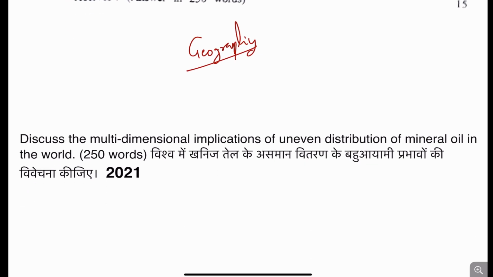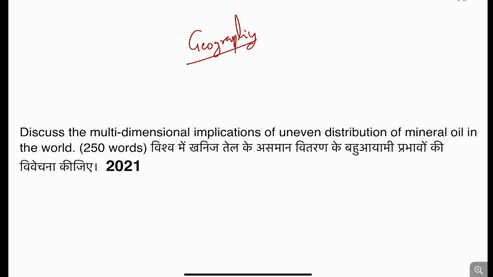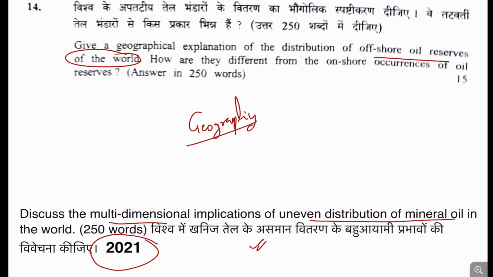A similar question has already been asked in 2021, discussing the multidimensional implications of uneven distribution of mineral resources in the world. So this question is only an extension of the 2021 question, right? So I will categorize this question as easy and also on the expected line.